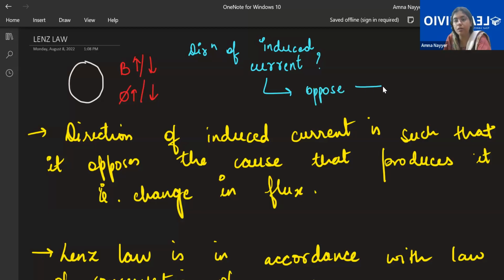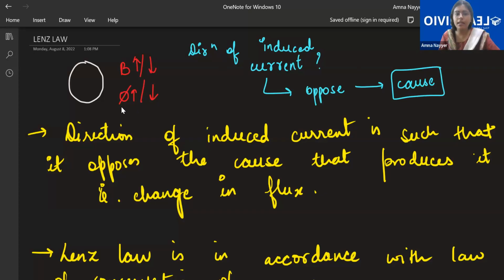It will always oppose the cause that produced it. Because this induced current is not because of the battery or your circuits. Induced current in the system is due to some change in the magnetic field, some magnet came, something or the other. So whatever its cause, it will oppose it. That is why you have this negative sign.